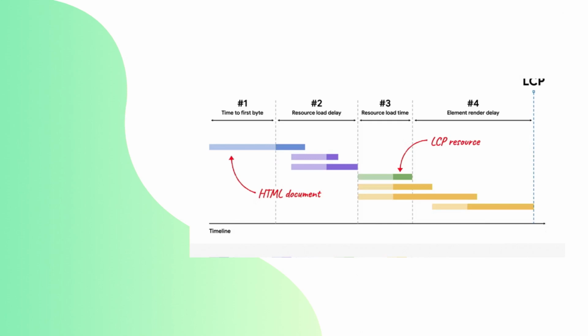Resource load time is the time it takes the browser to load your LCP resource, and the element render delay is the time it takes the browser to render in the viewport the biggest image or block of text. Okay, and when all the times are added, you will have the LCP metric.